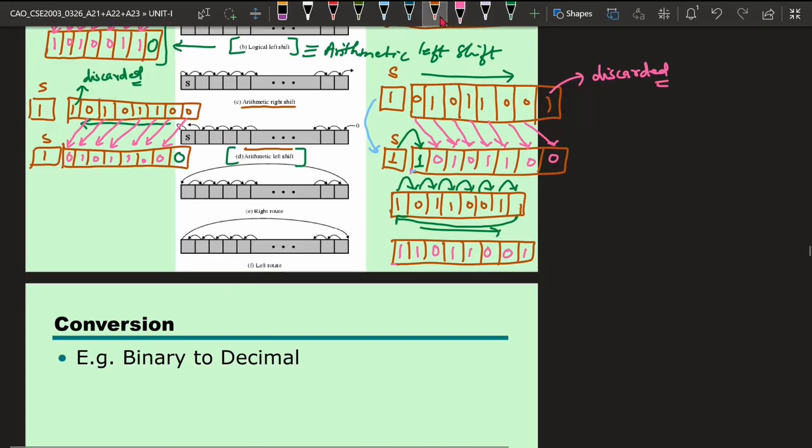Similar to this, if rotate left is there, the only difference is we will be moving the content to the left side.